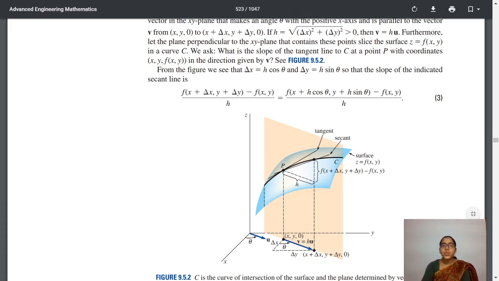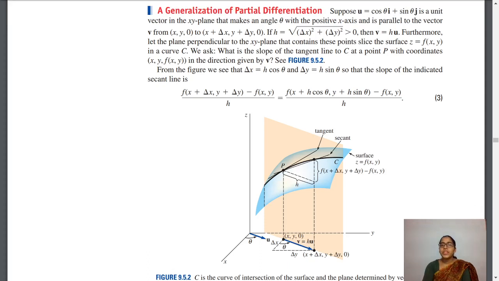Now we can find the slope of the indicated secant line, which will be f of (x plus delta x, y plus delta y) minus f of (x, y), divided by h. We substitute the values of delta x and delta y: f of (x plus h cos theta, y plus h sin theta) minus f of (x, y), divided by h.